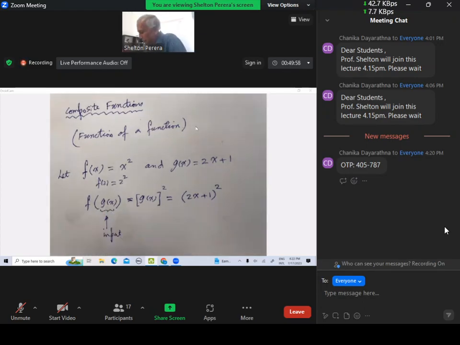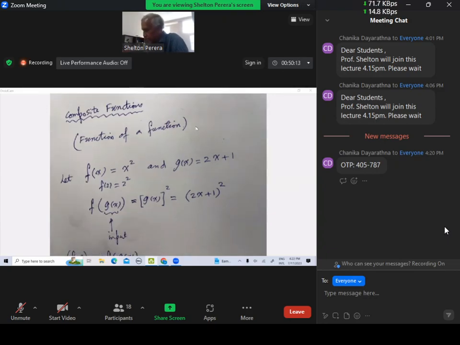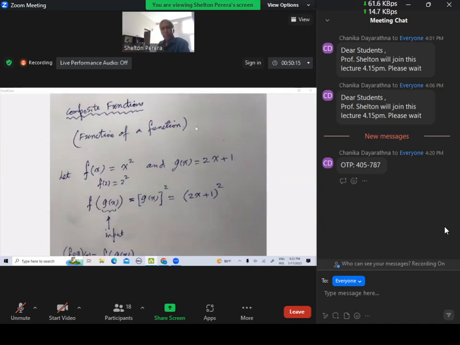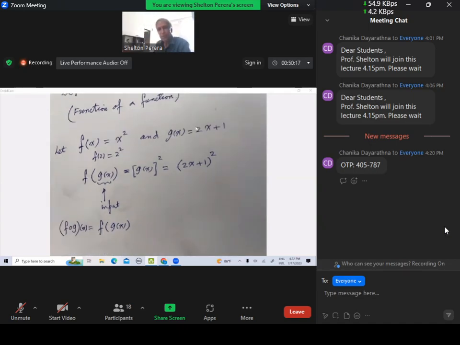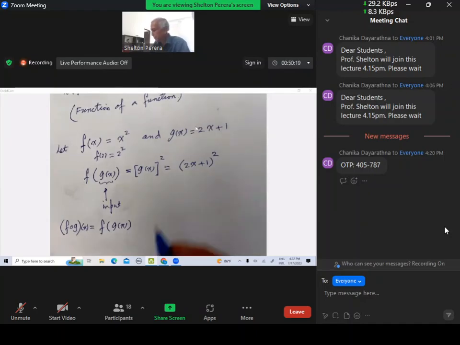So f of g of x is called a composite function. There is a notation for it. We sometimes use f o g of x. F o g of x is f of g of x.